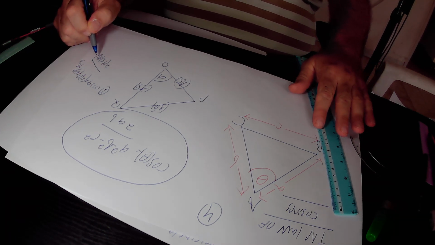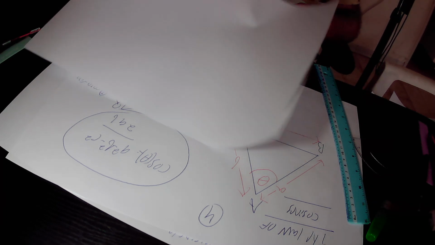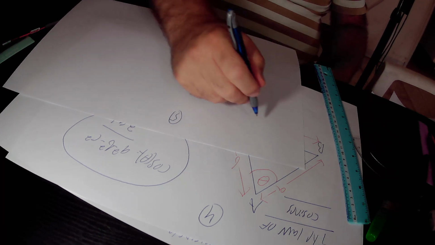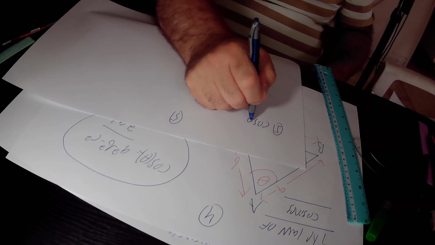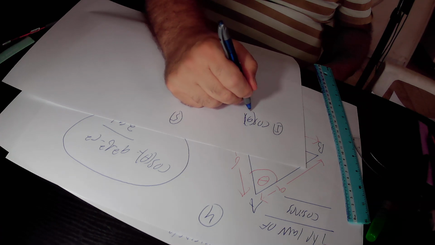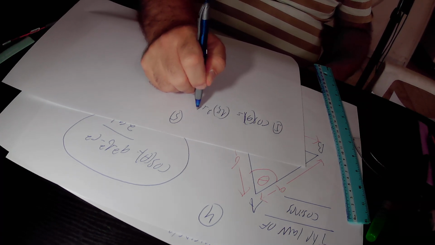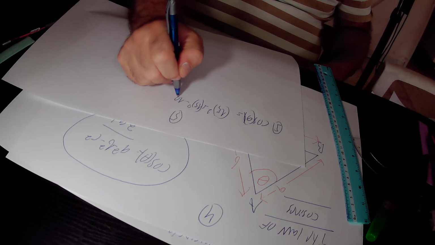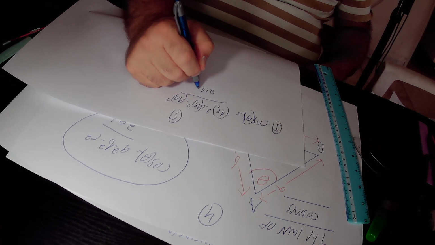So I copy equation 1 in a new page. According to the law of cosines, cosine alpha is equal to 15 squared plus 15 squared minus 10 squared over 2 times 15 times 15.